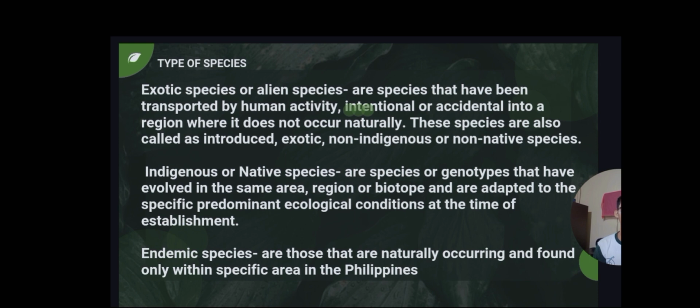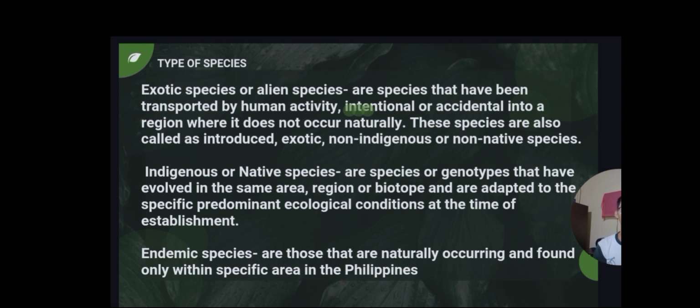These species are genotypes that have evolved in the same area, region, or biotope and adapted to the specific predominant ecological condition at the time of establishment. Examples are narra, tuog, and acacia, which are native species or trees.